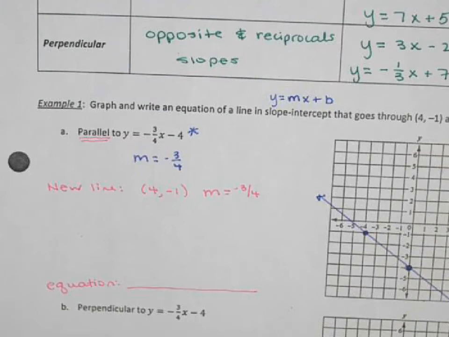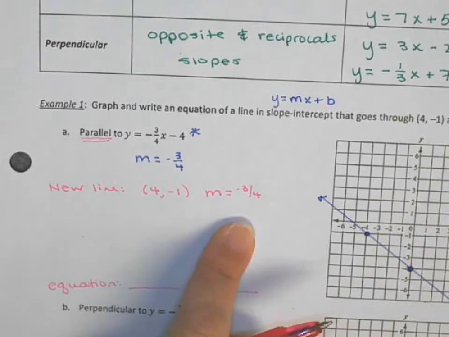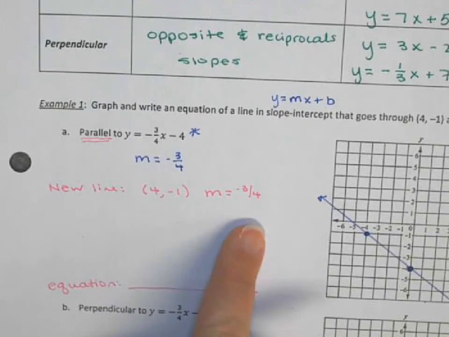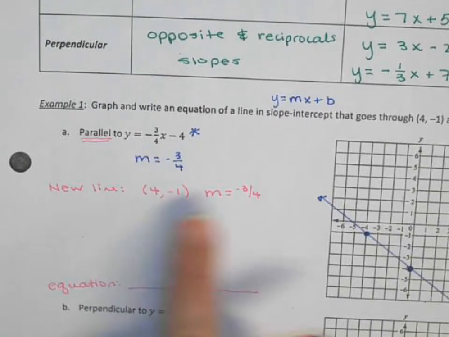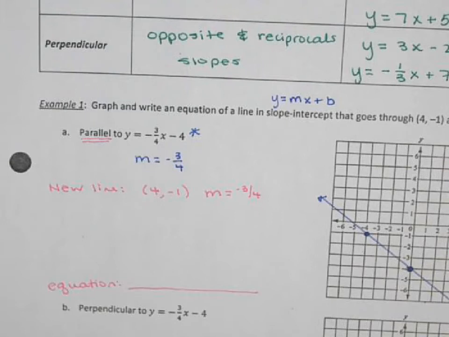Now, if you did your lesson 2, day 2 assignment, what is the easiest form to write if we're given a point and a slope? What's the easiest form to write it in? What is it? Not standard. Standard's very tricky to write it in.